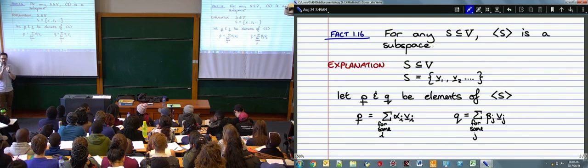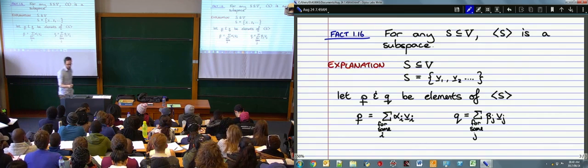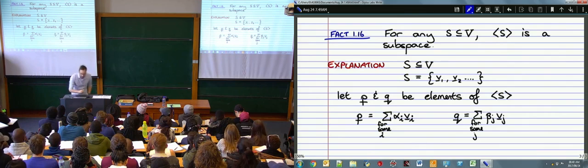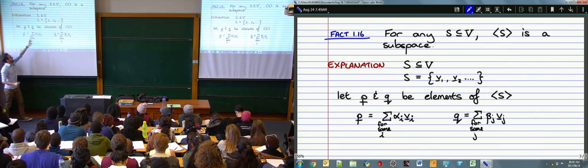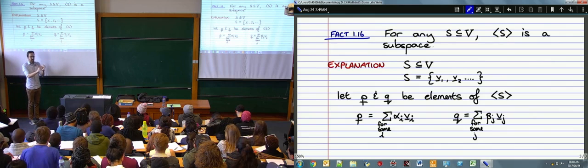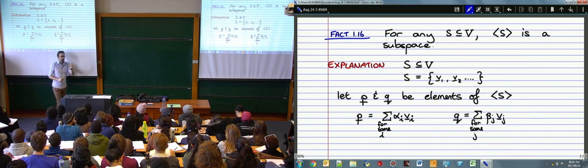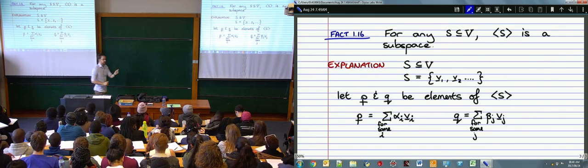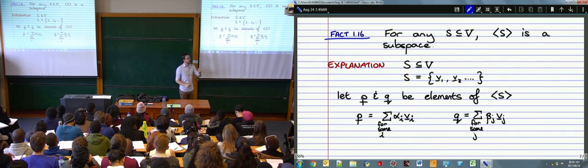No. So what we need to do now is check, sorry, this should be Q with a little dash since it's a vector. What we need to do now is check that if we take P and we take Q, two vectors in this set, and we add them together, then we should recover something which is still in that set, right?